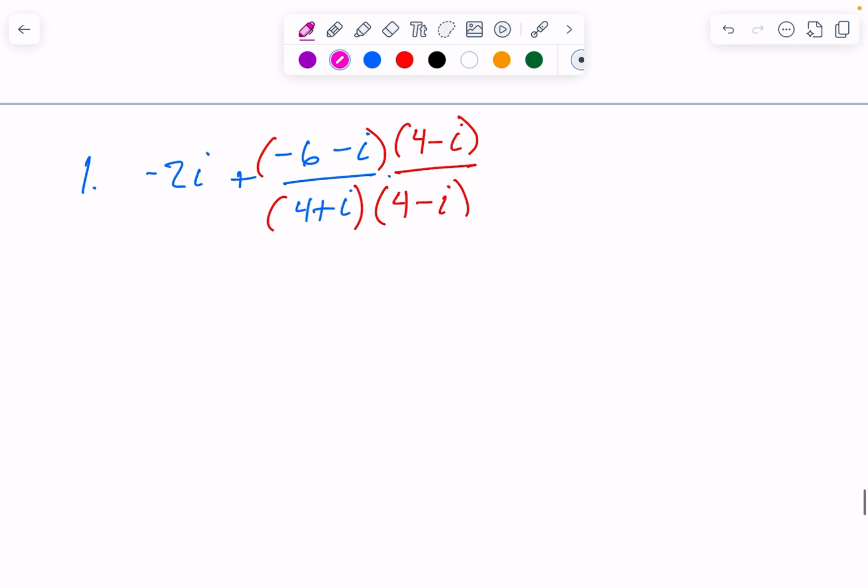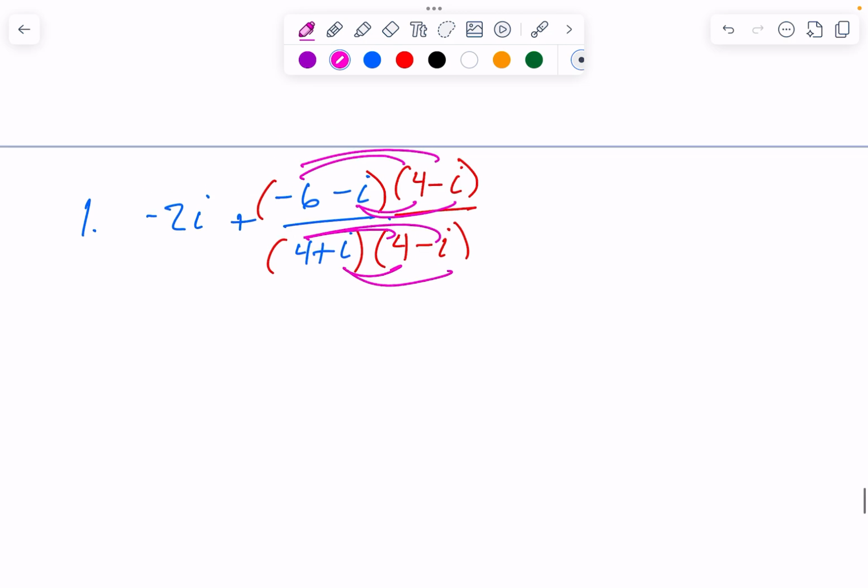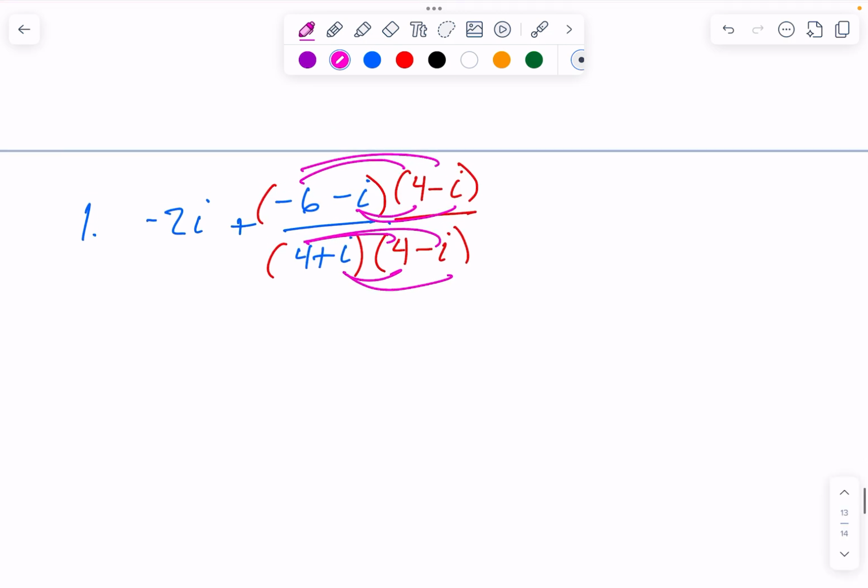Let's distribute in pink. So on the bottom, we're going to get 16 plus 1 is 17. And the top is -24.